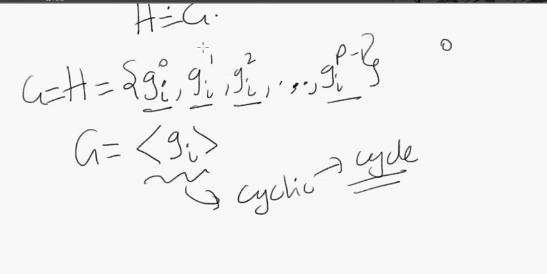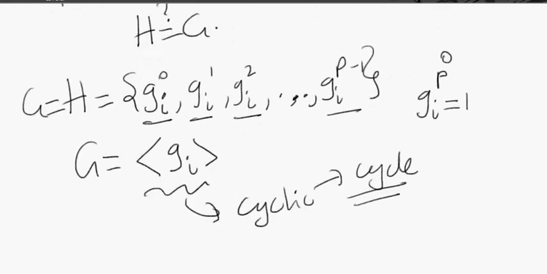Then g_i to the 1 gives us some other element. g_i to the 2 gives us a different element. g_i to the p minus 1 gives us a different element. And what does g_i to the p give us? Given that the order of g_i is p, that just gives us 1, doesn't it?